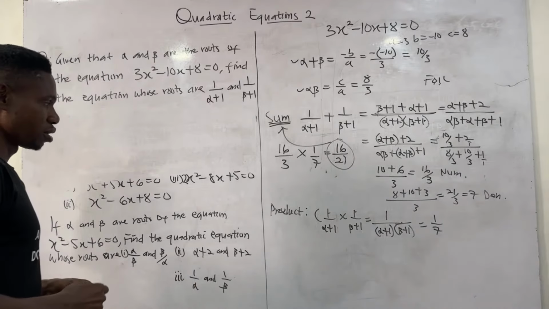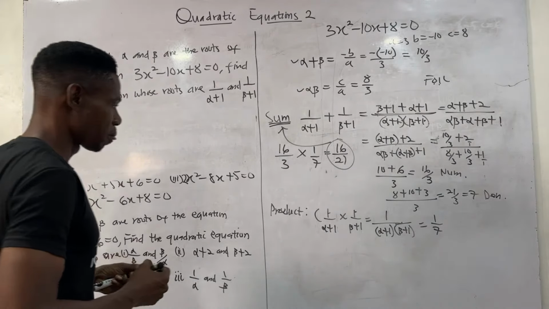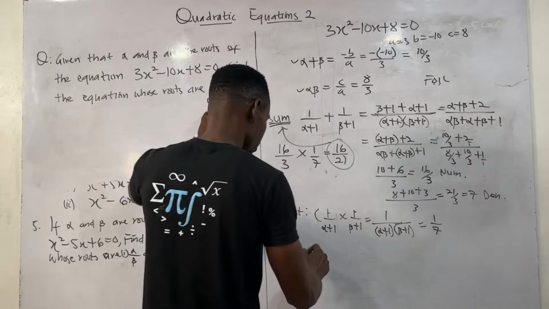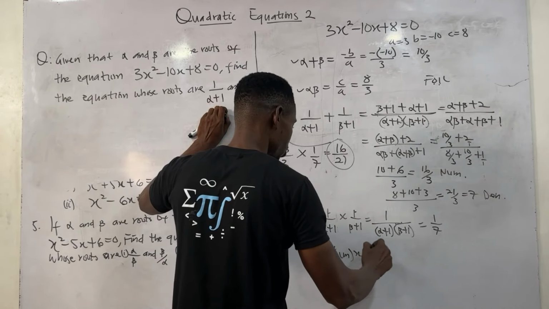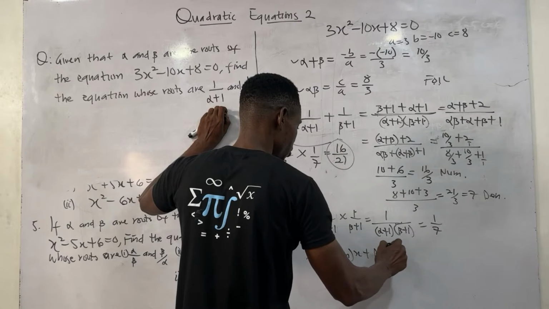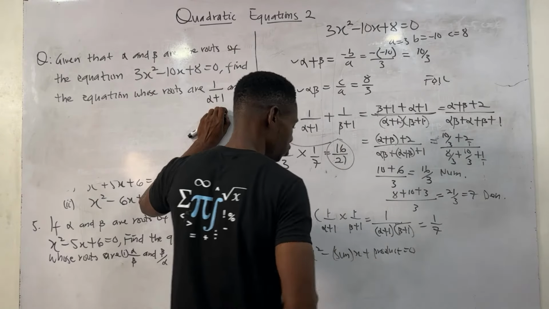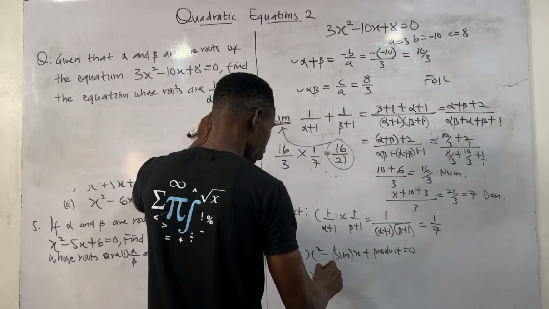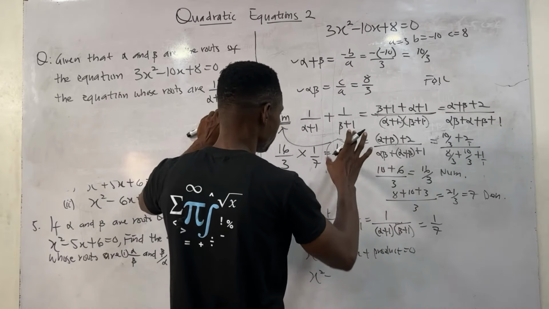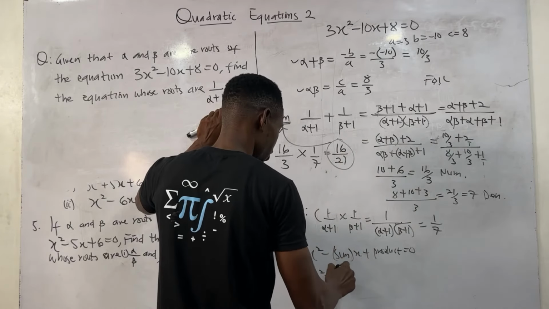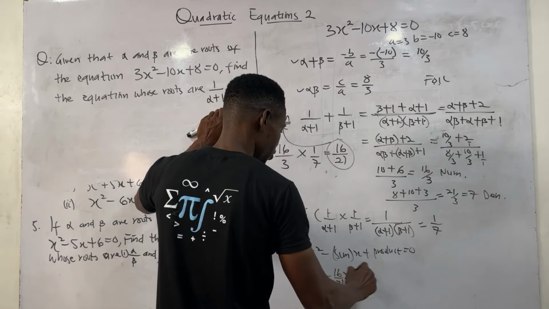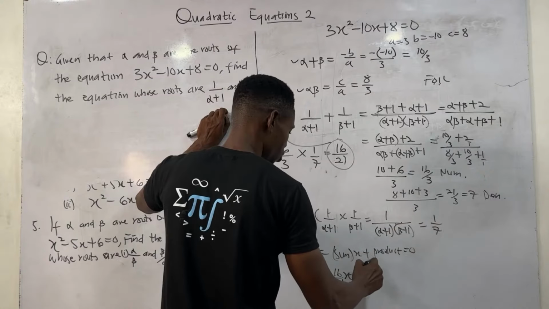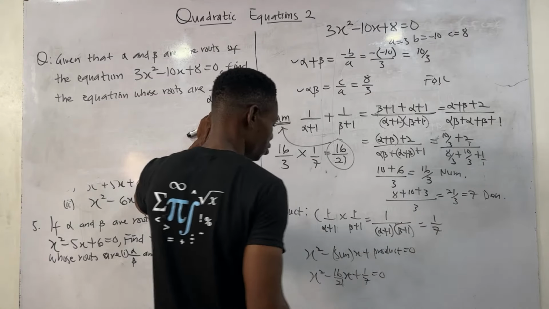Yes, so to round it up, remember our equation is x squared minus sum x plus product equal to 0. So we have x squared minus, what's the sum? 16 over 21 x plus product 1 over 7 equal to 0.